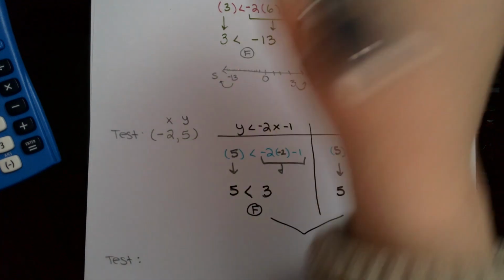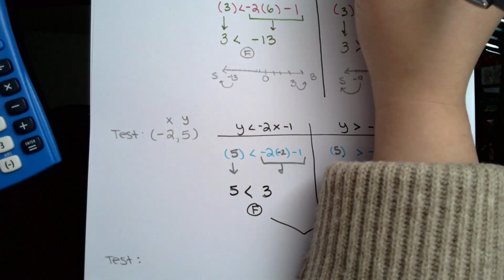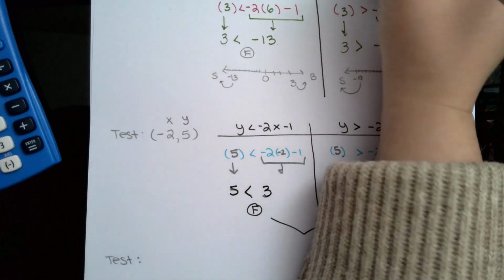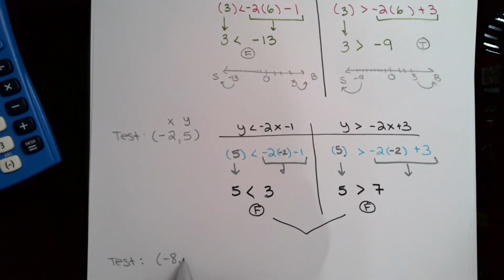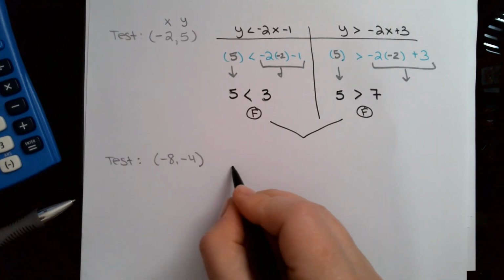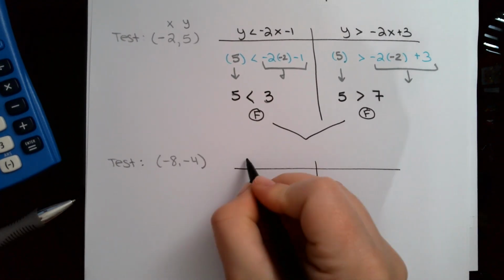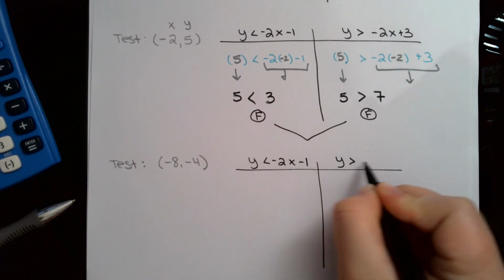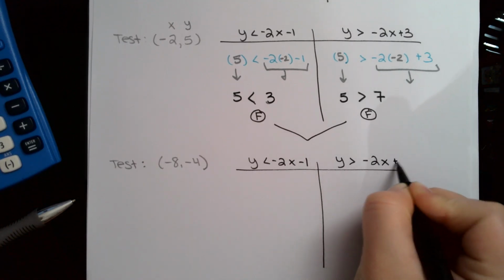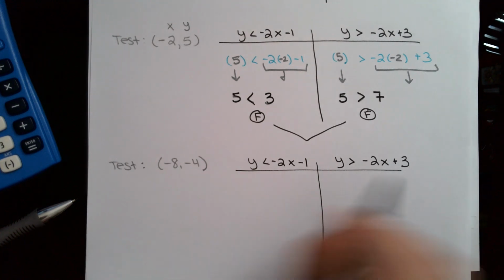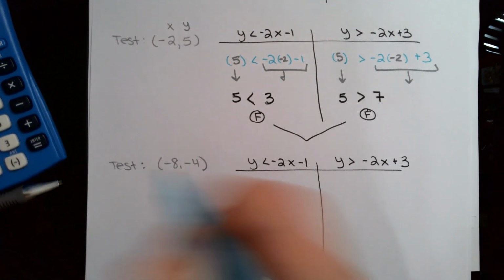I'm going to find a point, let's do negative 8 and negative 4. And again, we do our little setup. Sometimes it is unfortunate that the first one you select is not the answer, because sometimes if it is, then we can get this done quicker.